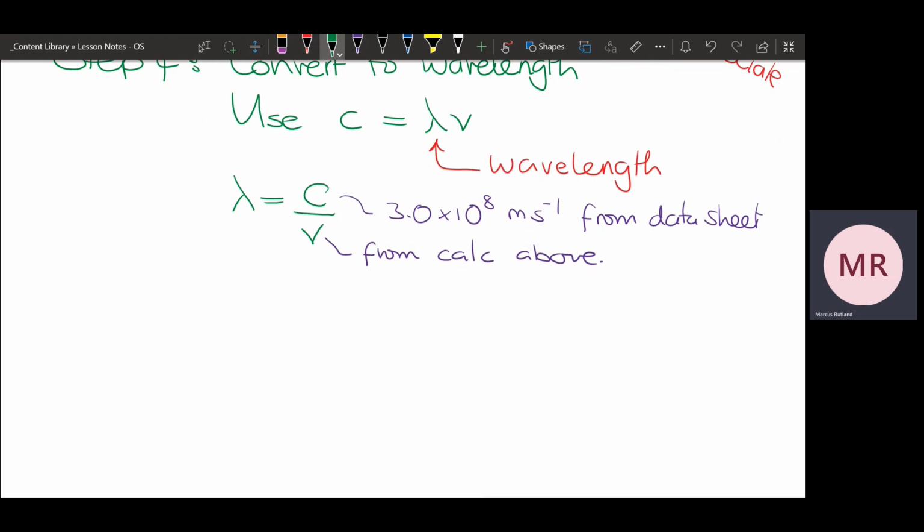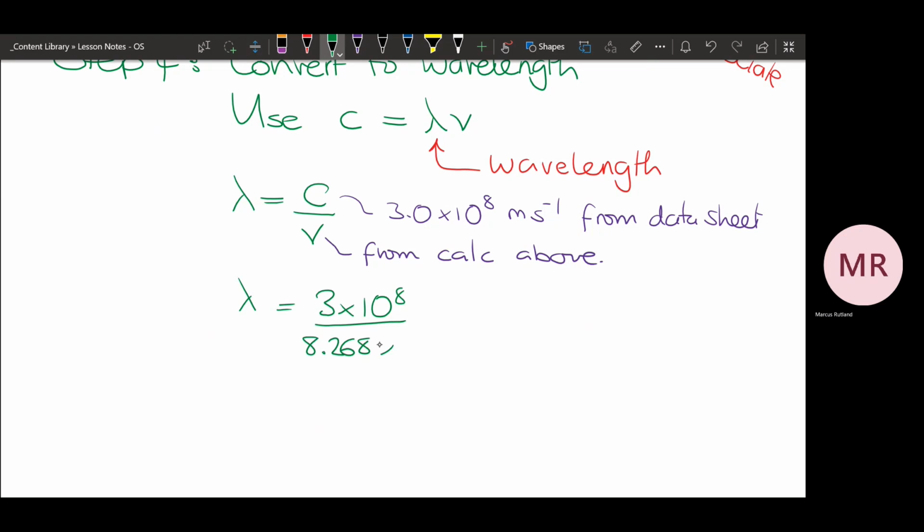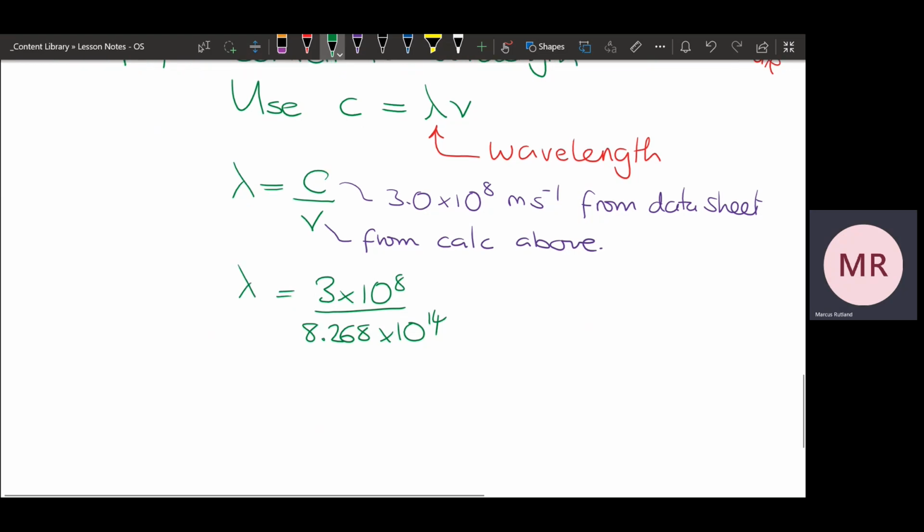So we can say that the longest wavelength that could break that bond is 3 times 10 to the 8 divided by 8.268 times 10 to the 14, which is 3.628 times 10 to the minus 7.